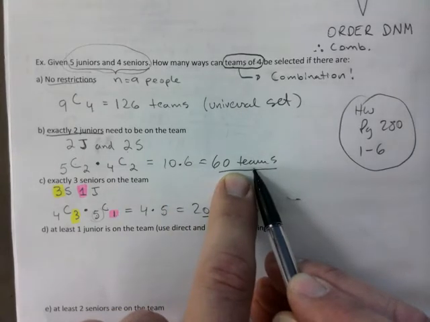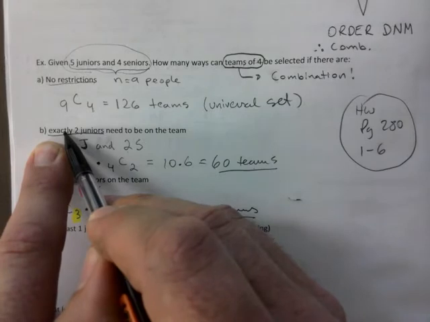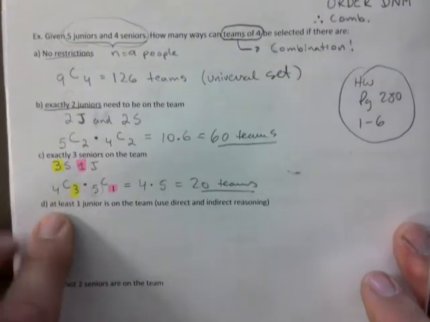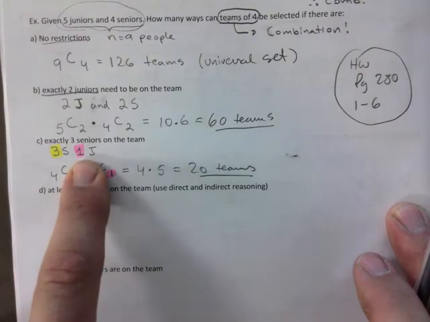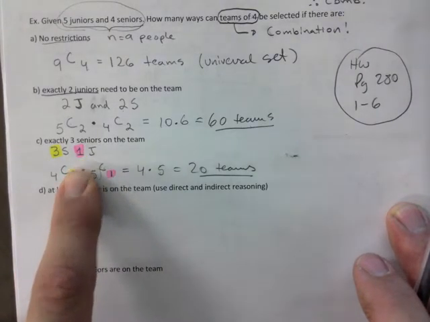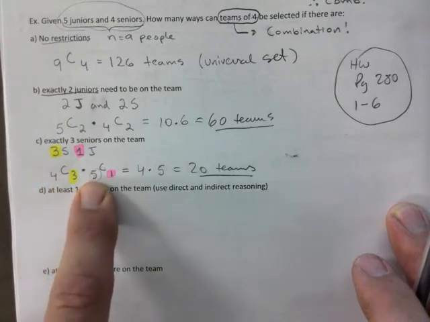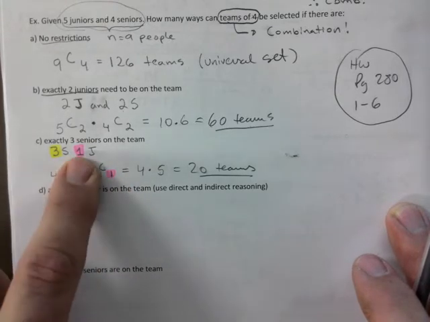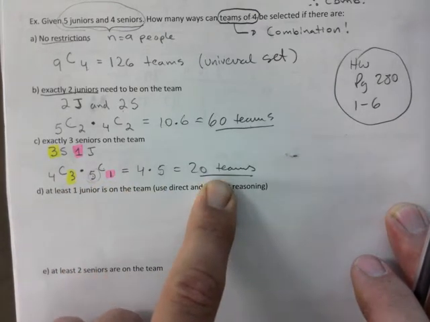So we ended up with 60 teams if exactly 2, watch the word exactly 2. And then exactly 3 seniors, we did the same thing. If we have 3 seniors, we must have a junior to complete the team. So from the 4 seniors, we chose 3. From the 5 juniors, we chose 1. The 3 and the 1 are highlighted, and 20 teams could be made that way.